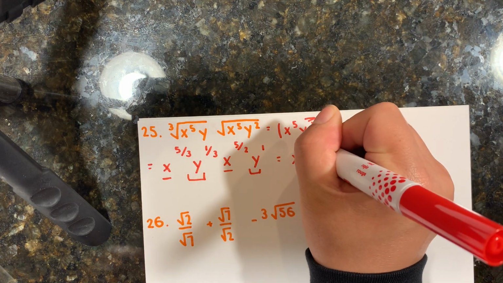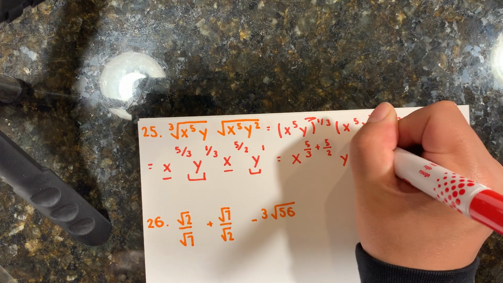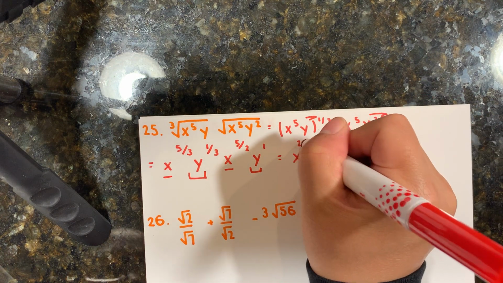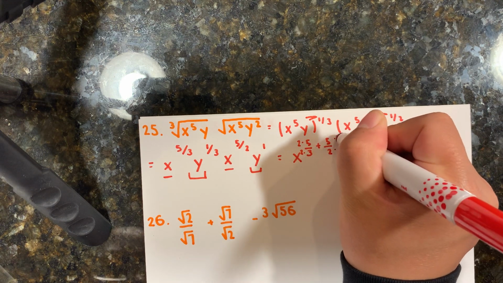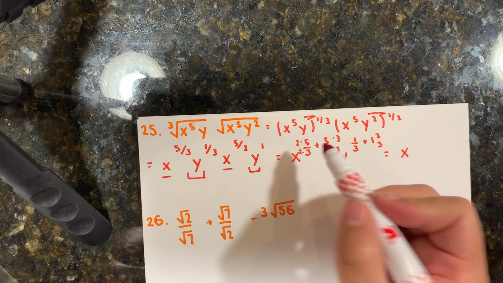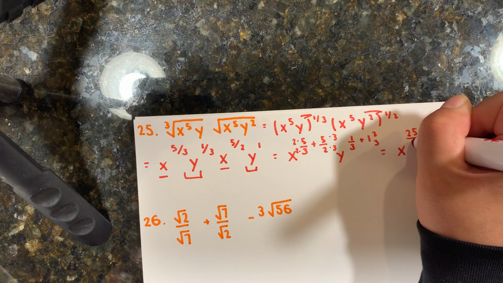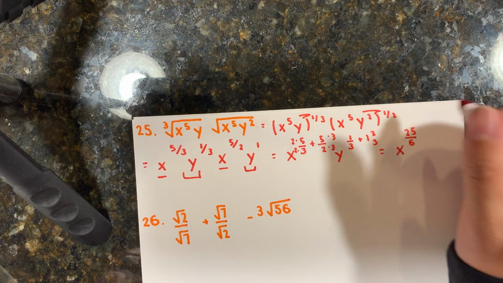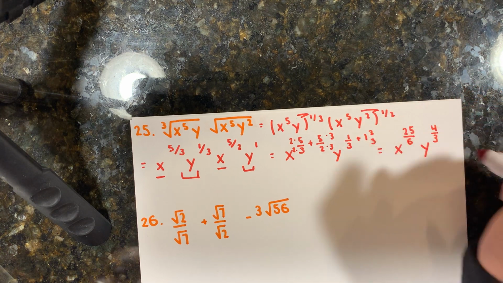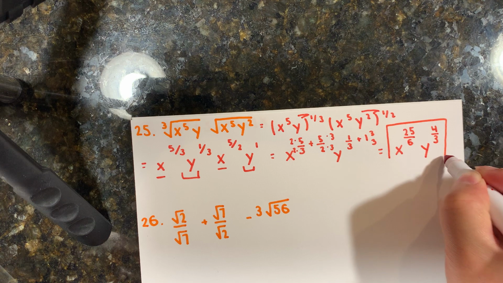So that would be x to the 5 over 3 plus 5 over 2, and then y to the 1 over 3 plus 1. You need a common denominator, which would give you x to the power of 10 plus 15 would be 25 over 6. And then for y, it would be 1 over 3 plus 3 over 3, which would just be 4 over 3. So your result is x to the 25 over 6 and y to the 4 over 3.